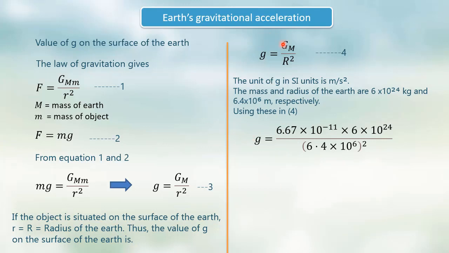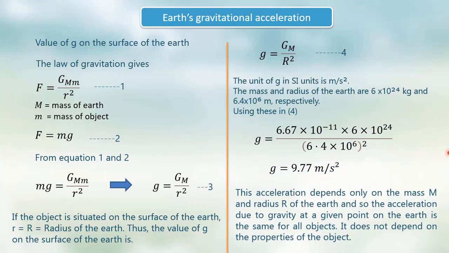You will get capital G, that is 6.67 into 10 raised to minus 11, into 6 into 10 raised to 24, that is the mass capital M, and upon R square, that is 6.4 into 10 raised to 6 bracket square. So small g equal to 9.77 meter per second square.